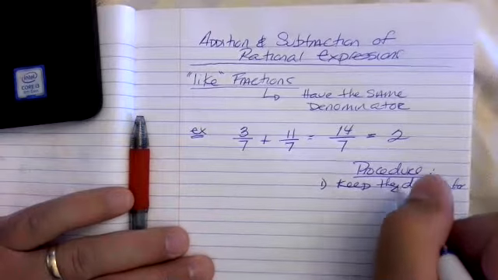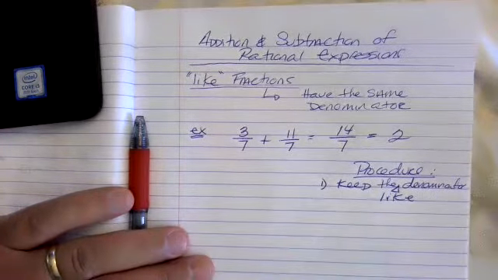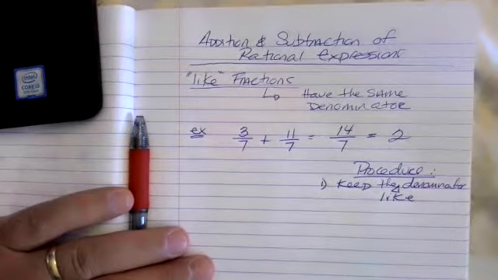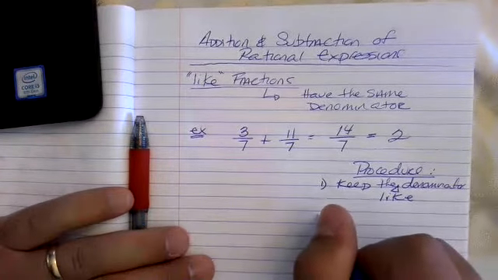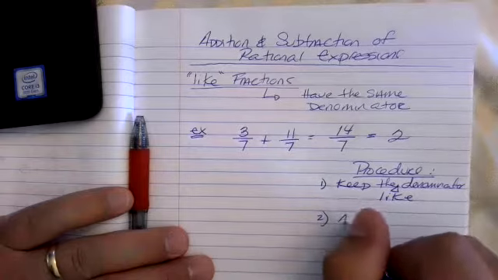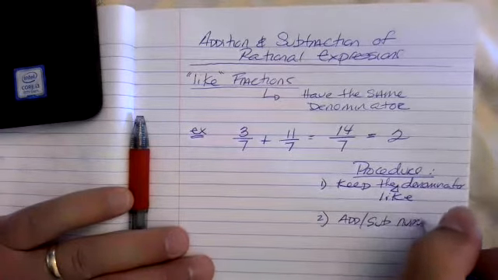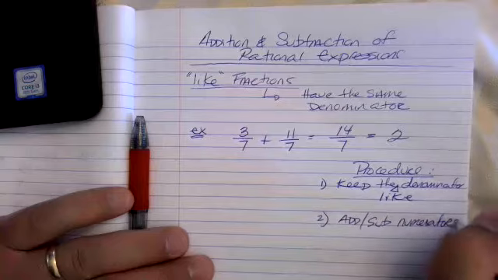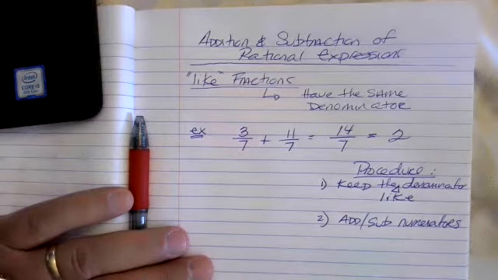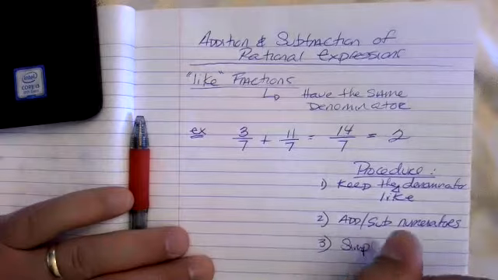Keep the like denominator, it has to be the same. Then we perform the operation on the numerators, so we add or subtract numerators. And then we simplify or reduce.